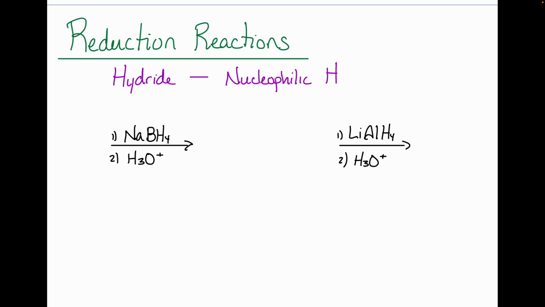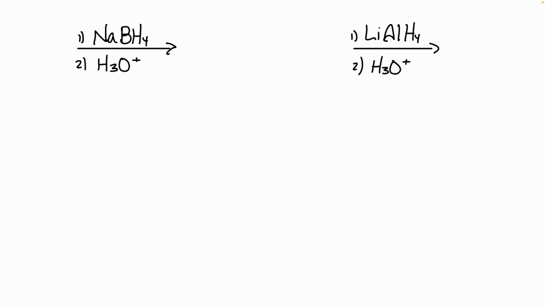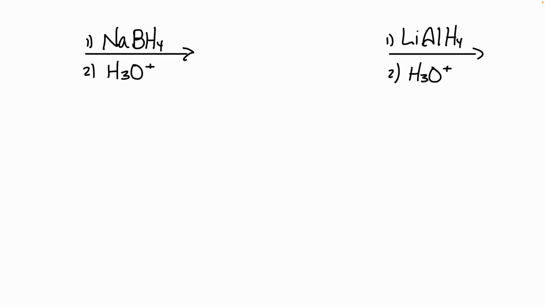So in this case here, what's making these compounds unique is they have these nucleophilic hydrogens. They have hydrogens with a lot of electron density that are going to play the role of a nucleophile. And in both of these cases, the metal isn't actually doing anything. It's the hydride, the anion, that's going to be involved in your reaction.